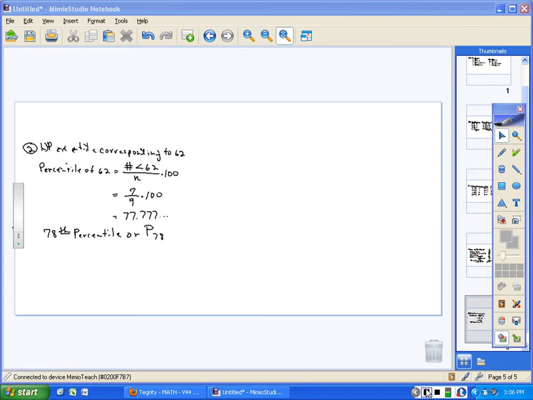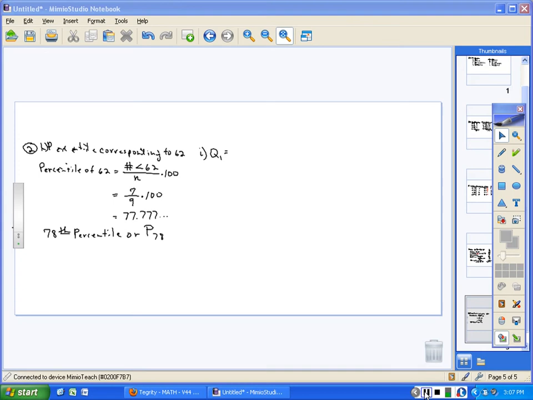Okay, going on to part I. Part I asks you to find Q1. Just to remind you, that formula for percentile is not on the formula card, so you need to memorize it.